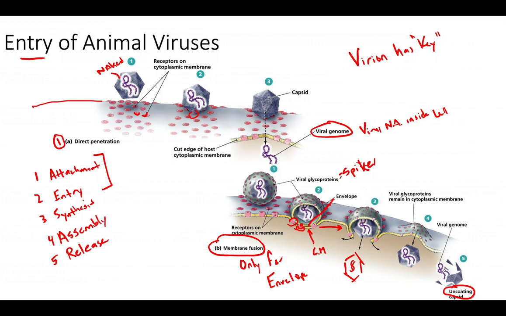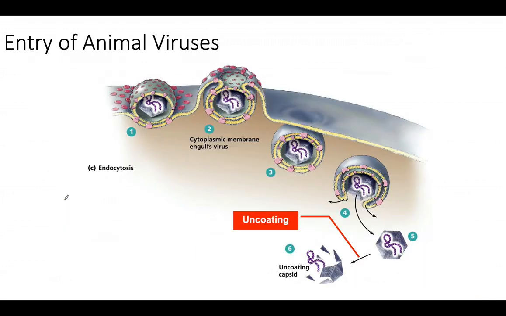And so then what you get is only the viral genome, or the viral nucleic acid. Okay, so that's the entry step. So it's called membrane fusion, and that can only be used for enveloped viruses. And then the last, so this is the final of three entry mechanisms that can be used by human viruses.